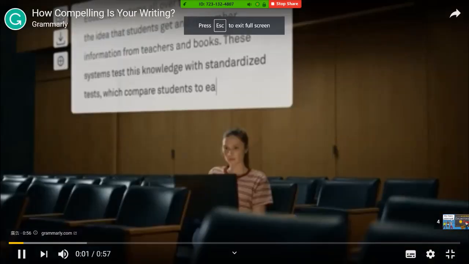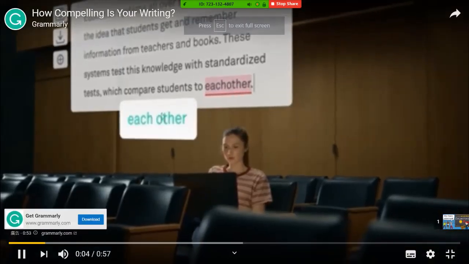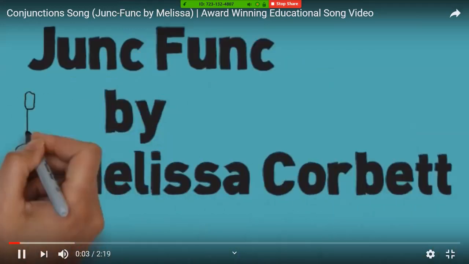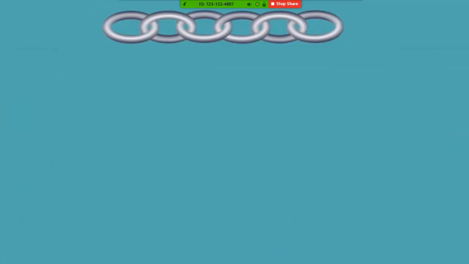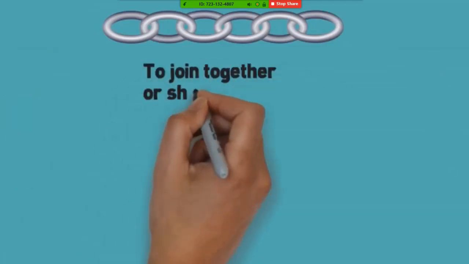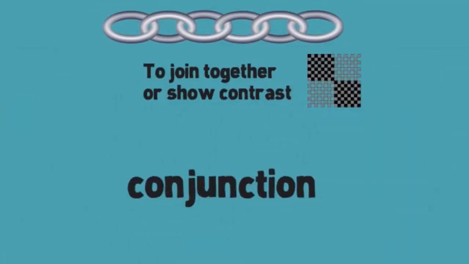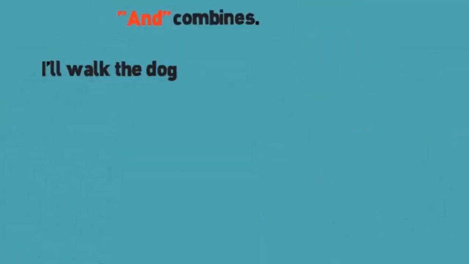Good grammar and spelling are important, but if you want to write essays that inspire, dog and feed the birds. To join together or show contrast, using a conjunction is where it's at. Using conjunctions when you write will make your paper dynamite, and combines phrases, sentences, words.